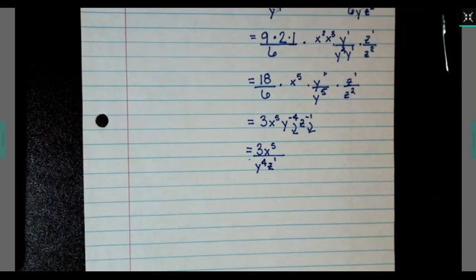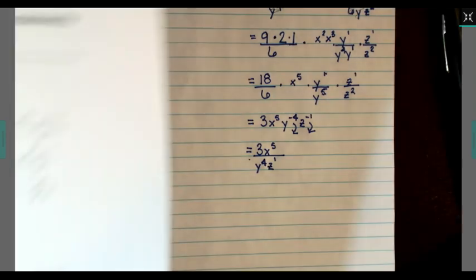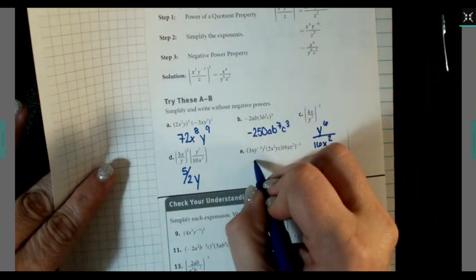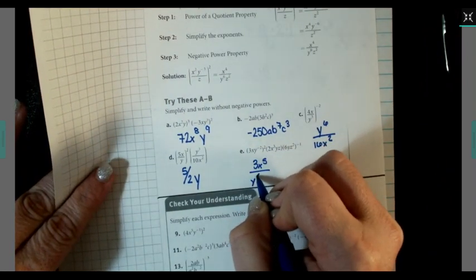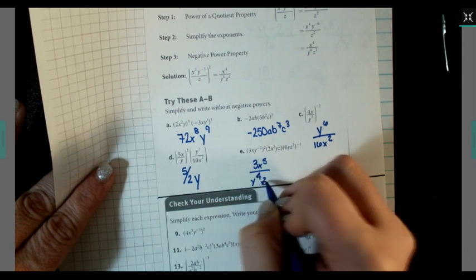So again, that is 3x to the 5th divided by y to the 4th, z.